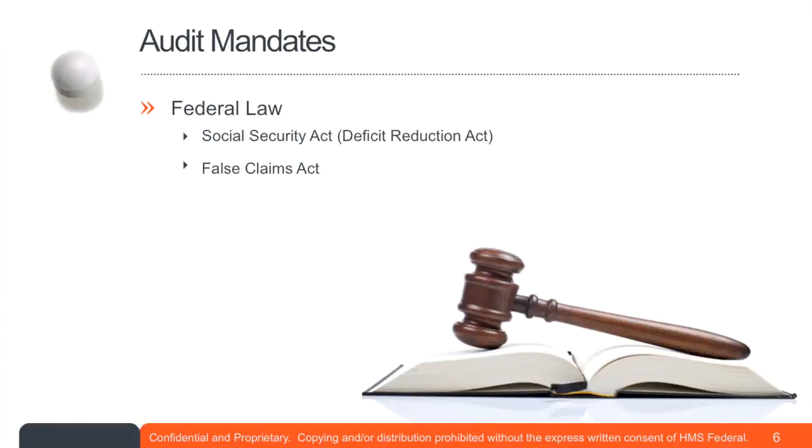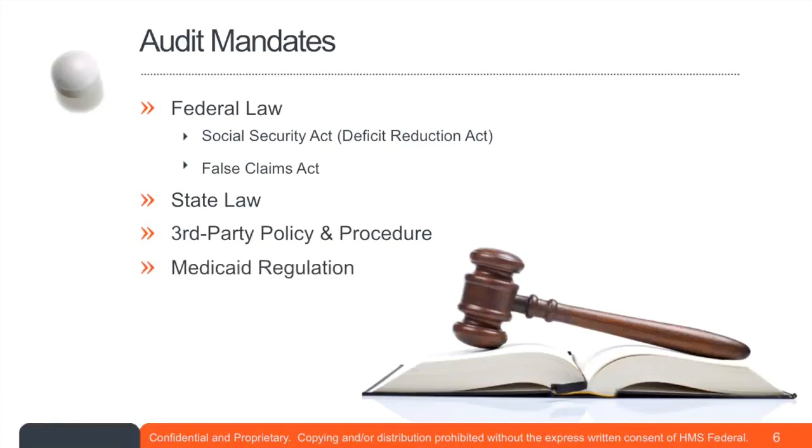So the other mandates that allow for an audit to happen in the pharmacy: each state will have a pharmacy law written that allows the audit. There's also third-party policy and procedures and Medicaid regulation that allows the audit.